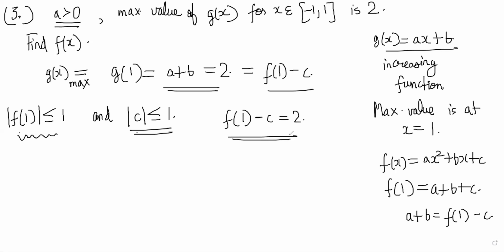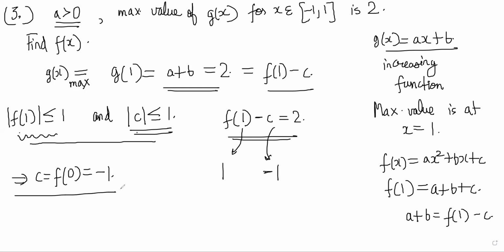The only way this will be possible is if this part becomes 1 and this part becomes minus 1. If c is not equal to minus 1 or if f of 1 is not equal to 1, the difference between these two quantities can never be 2. Think about it. If you pause and reflect on it, you will realize that this condition along with these two conditions implies that c is equal to f of 0 is equal to minus 1, right?